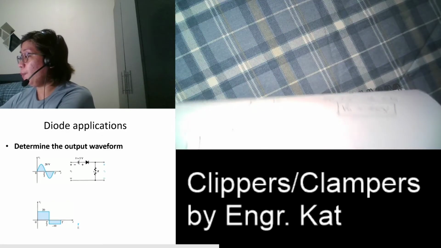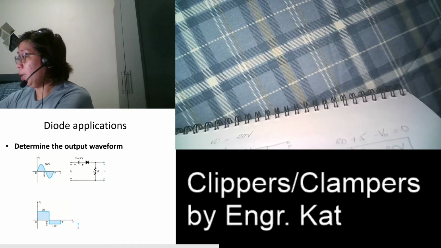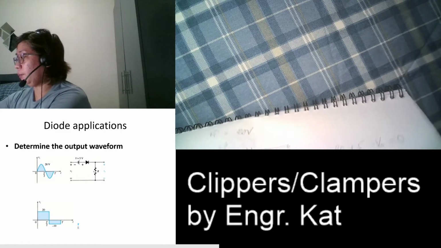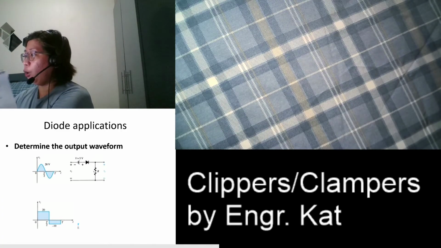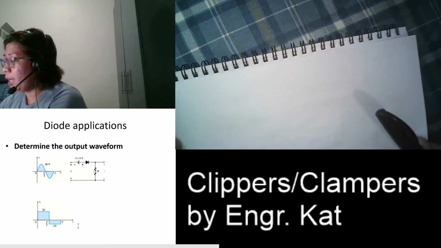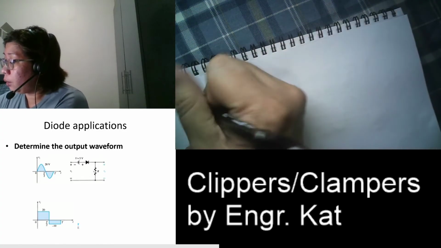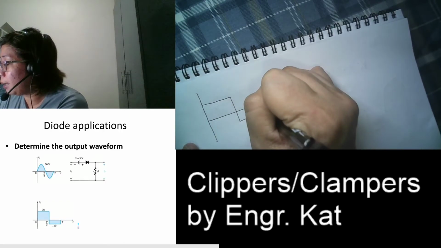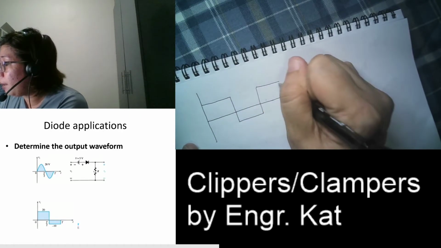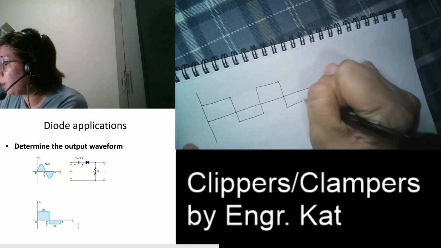So how do you draw the output waveform? So you have to draw, okay? So our input is like this. This is 25 and this is 10. This is your input.